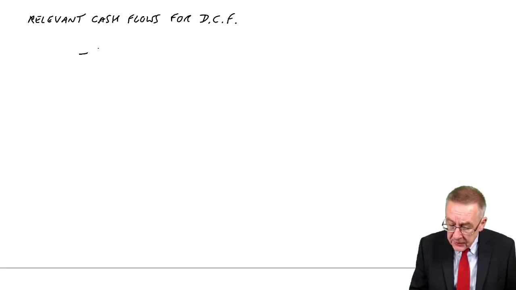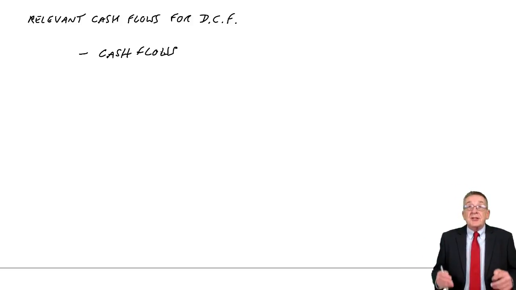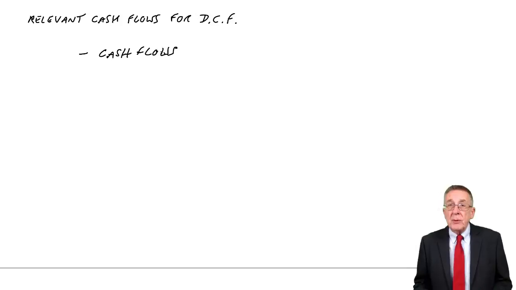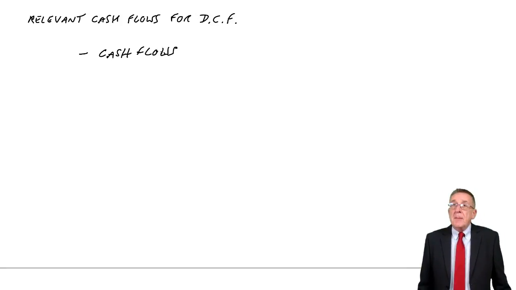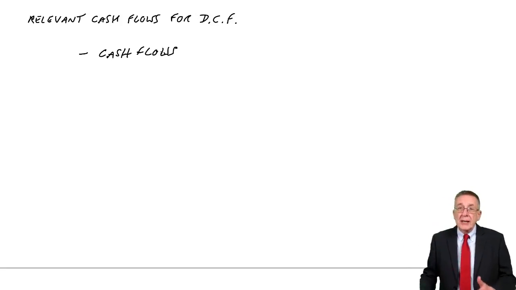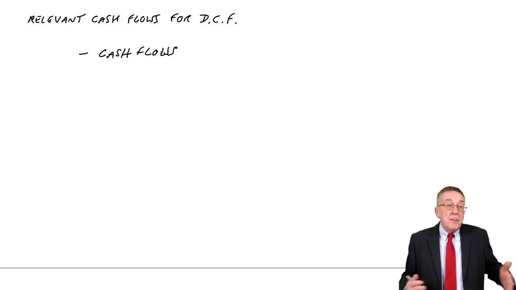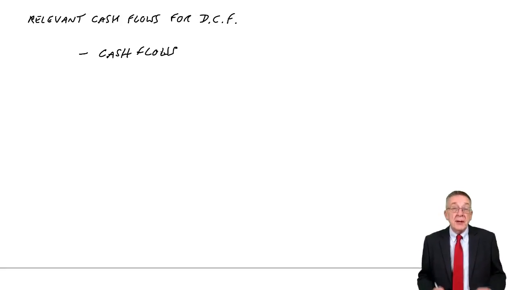As far as cash flows are concerned, as stressed in the previous chapter and explained why, it's the cash receipts and payments that we're concerned with, the cash inflows, outflows. And so any mention of things like depreciation is there to try and trick you. Depreciation may appear obviously in your statements of profit or loss, but depreciation isn't a cash flow. It's the cash inflows, outflows that we're concerned with.